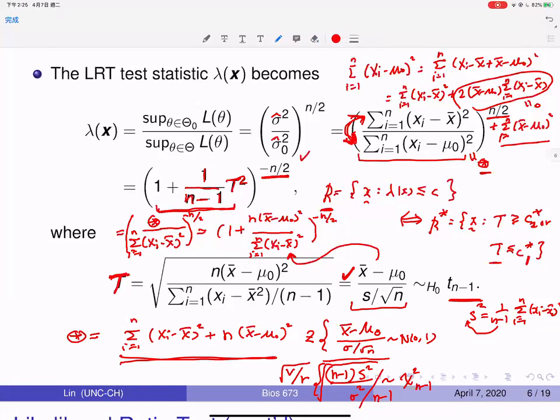You will find that sigma cancels out, and then eventually it becomes x bar minus mu 0 over s divided by square root of n, then follows t distribution with n minus 1 degrees of freedom.